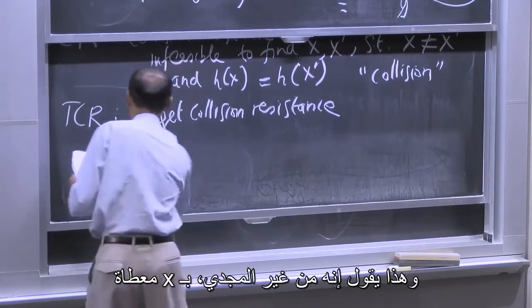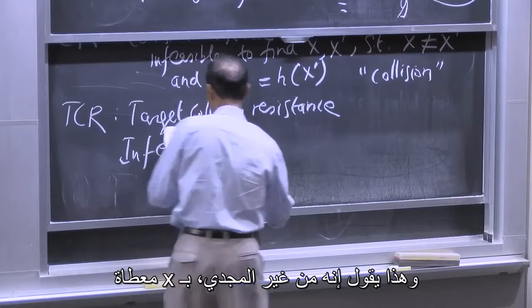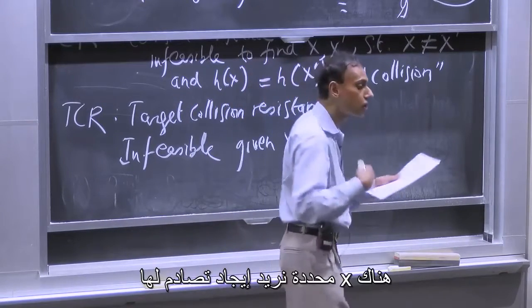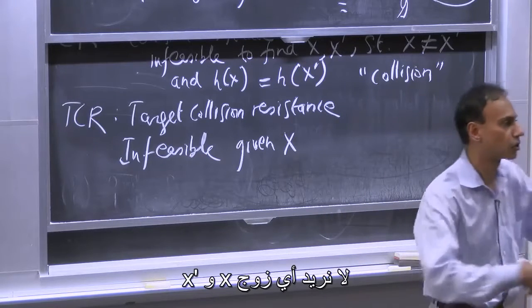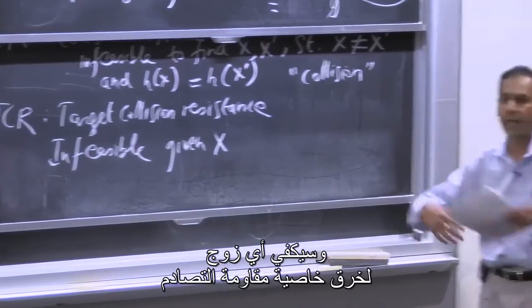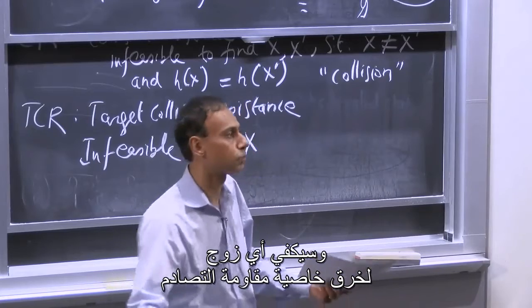And this says it's infeasible, given X. So there's a specific X that you want to find a collision for, as opposed to just finding a pair X and X prime, where any pair would suffice to break the collision resistance property.